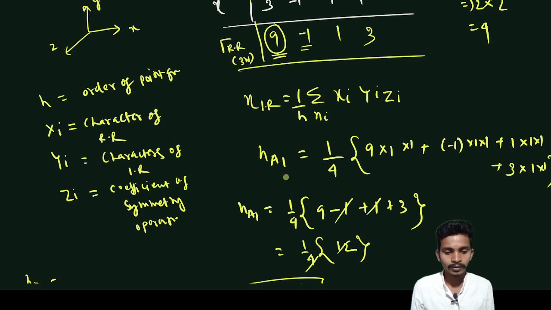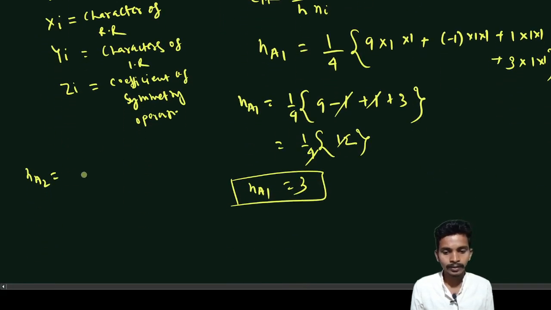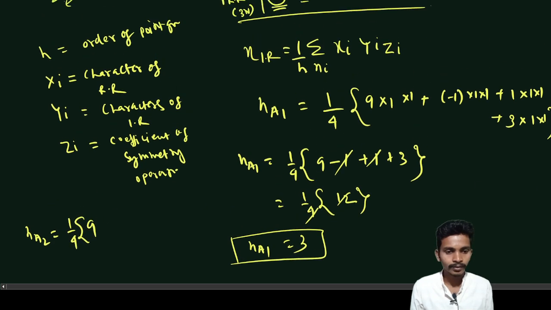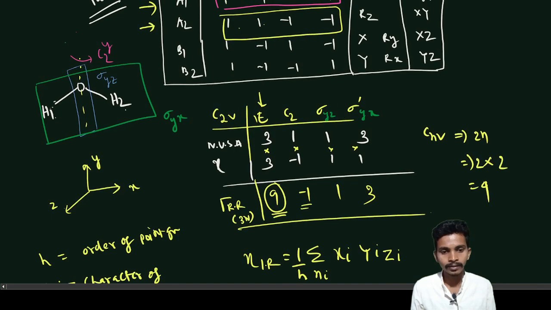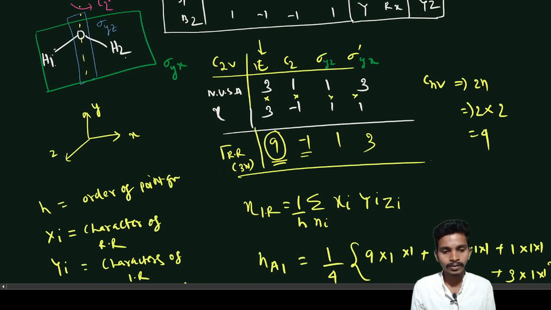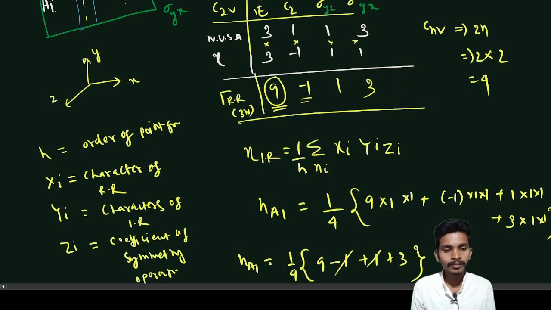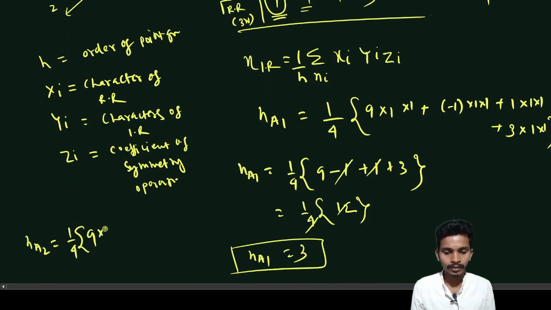I will use that: first the order, then 9, after that the characters are 1, and this is also 1. So 1 into 1, plus another, this is minus 1.